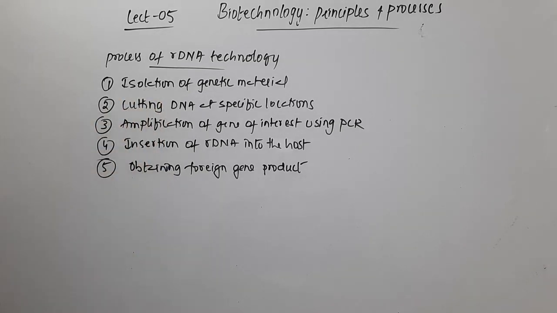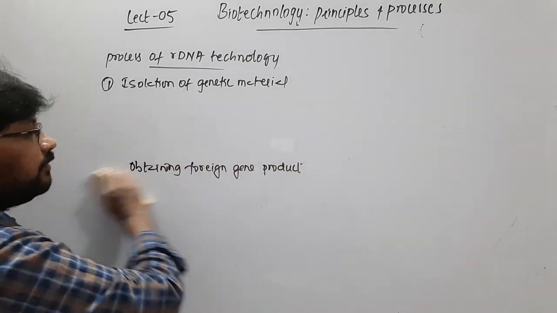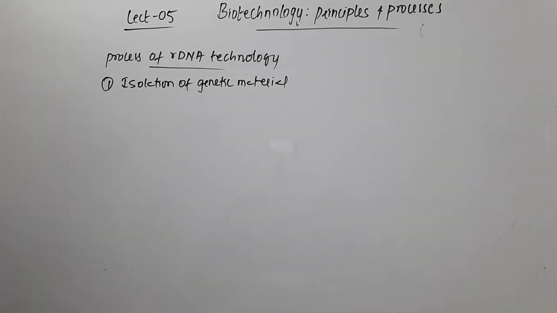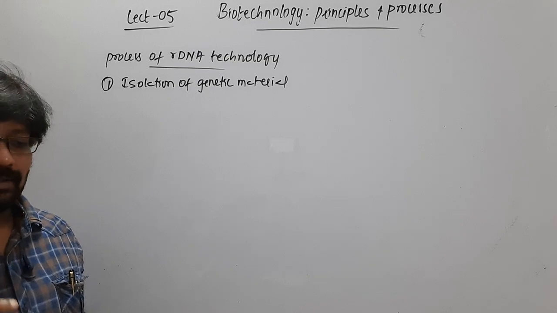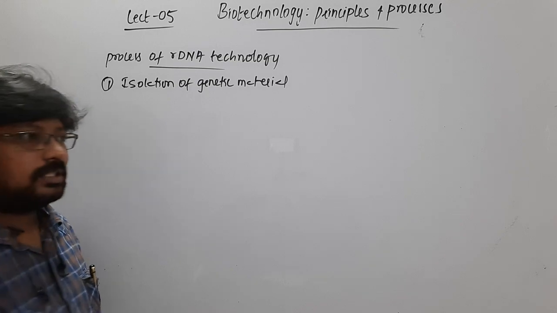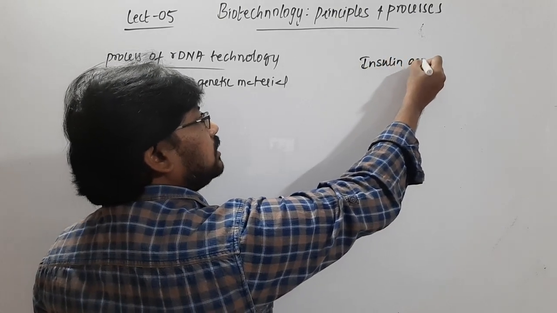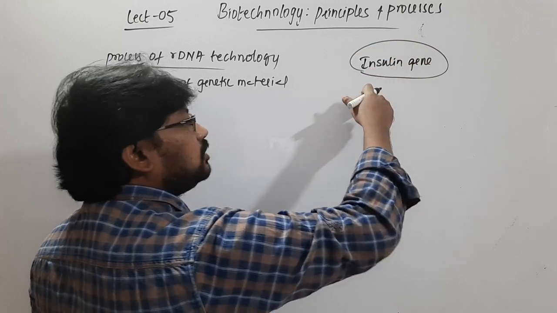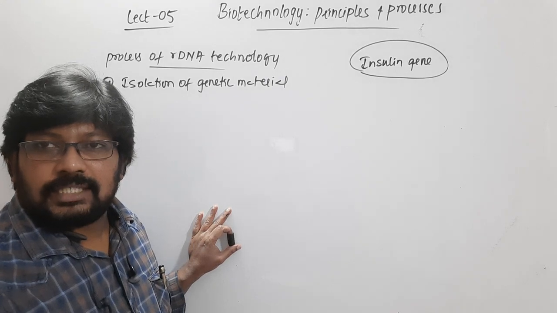So now let's see the first step, that is isolation of genetic material. How will we be isolating the genetic material from the cells? I told you already, to obtain the genes from a particular cell, say suppose I want the insulin gene, I can get this insulin gene from the pancreatic cells.